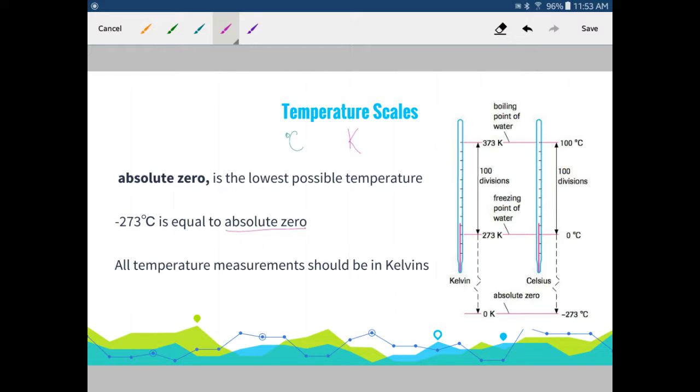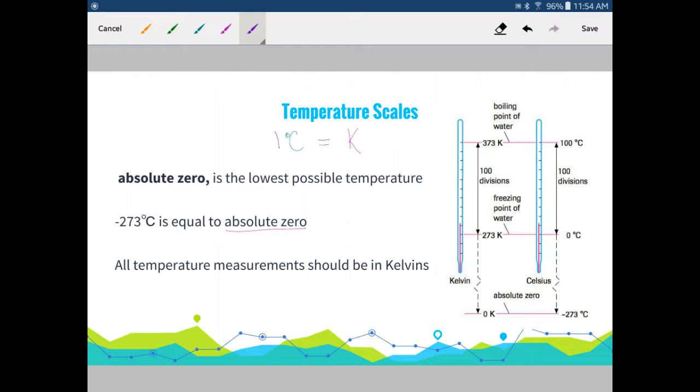So what I mean by that is it's not like the Celsius to Fahrenheit scales where we have a variety of degrees in between each centigrade versus each Fahrenheit. With our Celsius to Kelvin, 1 degree Celsius is equal to 1 Kelvin. So every scale that we have is equal, each degree is equal to the other scale.